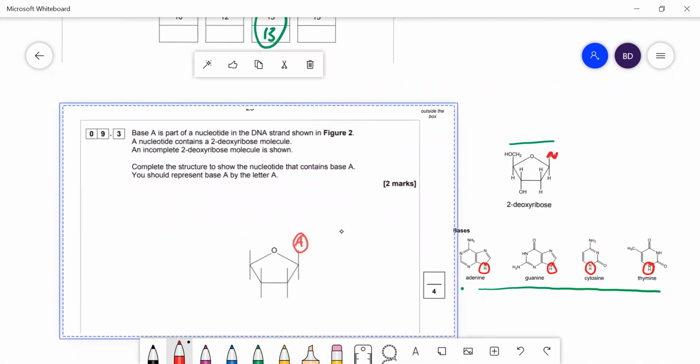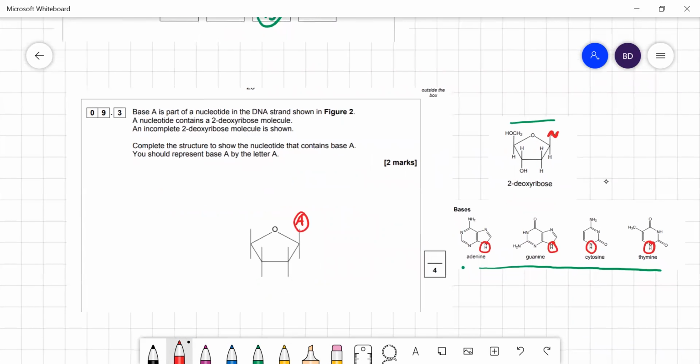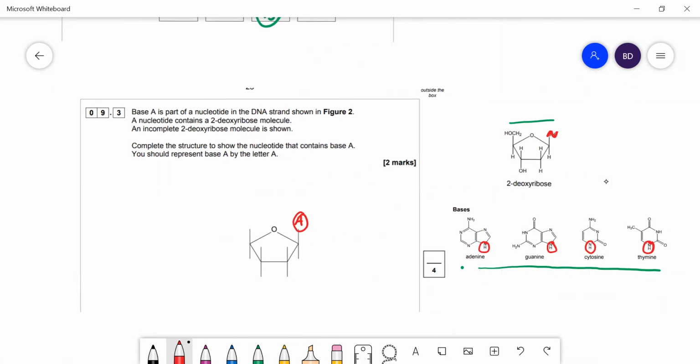So we need to put on, with these, normally you don't put H's on skeletal formulae, but you do on these. So it's H there, H, H, H, O, H, H, and here we have got CH2 and an O, and that is attached to the phosphate group. So you've got phosphorus forms 5 bonds.